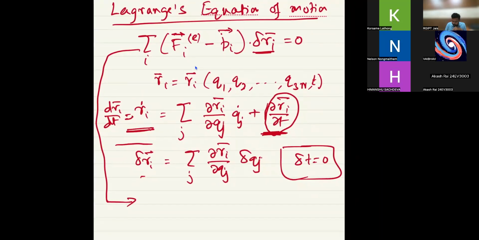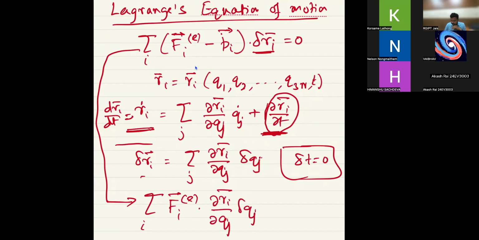So if you replace this here, we'll get Fi dot, and then this will be the dot product with this term, del Ri by del Qj, delta Qj.